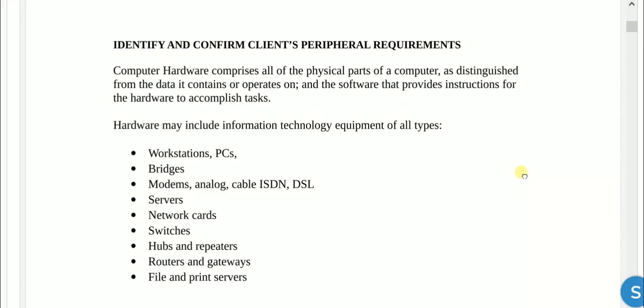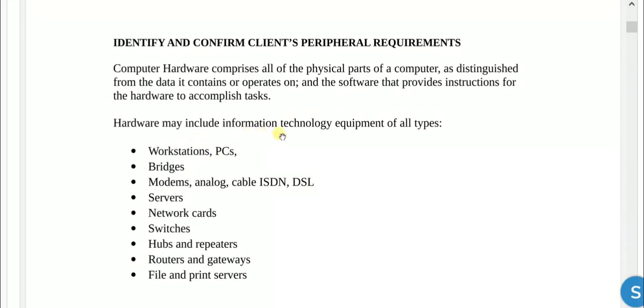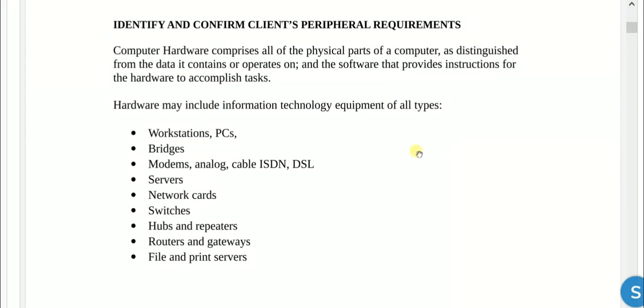Right? And here they say that hardware may include information technology equipment of all types. So when we speak about hardware, we speak about every sort of computer related or information technology related equipment that will make the office or establishment function better. We have several here.